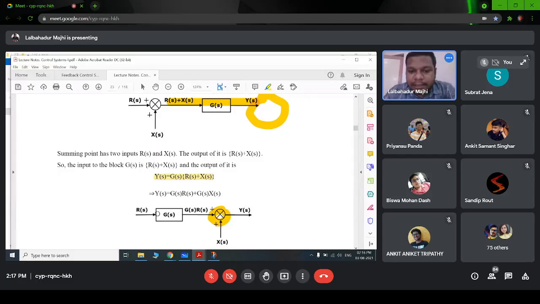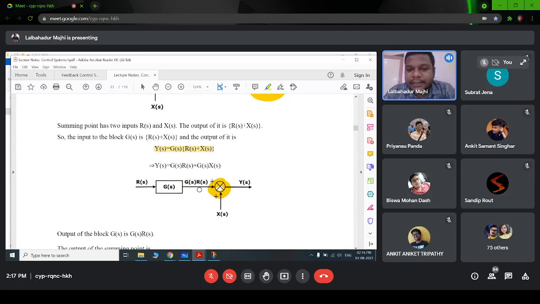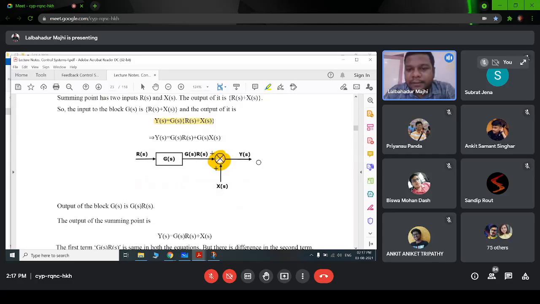Before, the inputs to this summing point were R(S) and X(S). Now the inputs to this summing point are G(S) into R(S), and this is the X(S), right? So we can see here we will not get the output as before. This is the previous output; it should be the output after changing the summing point.